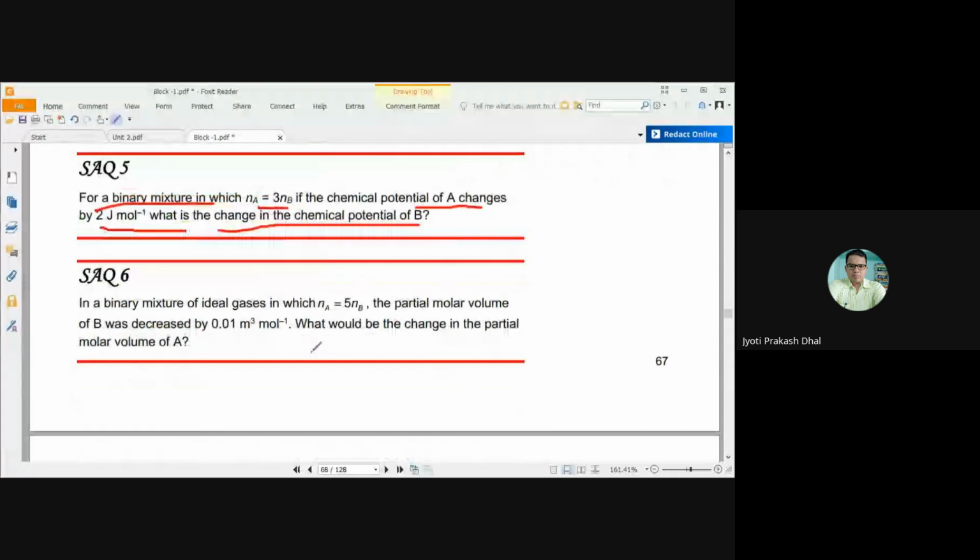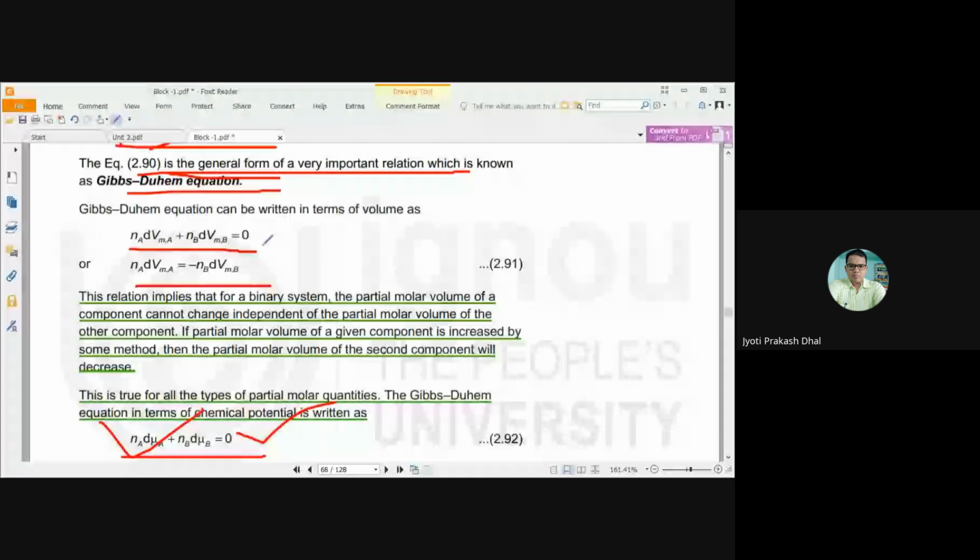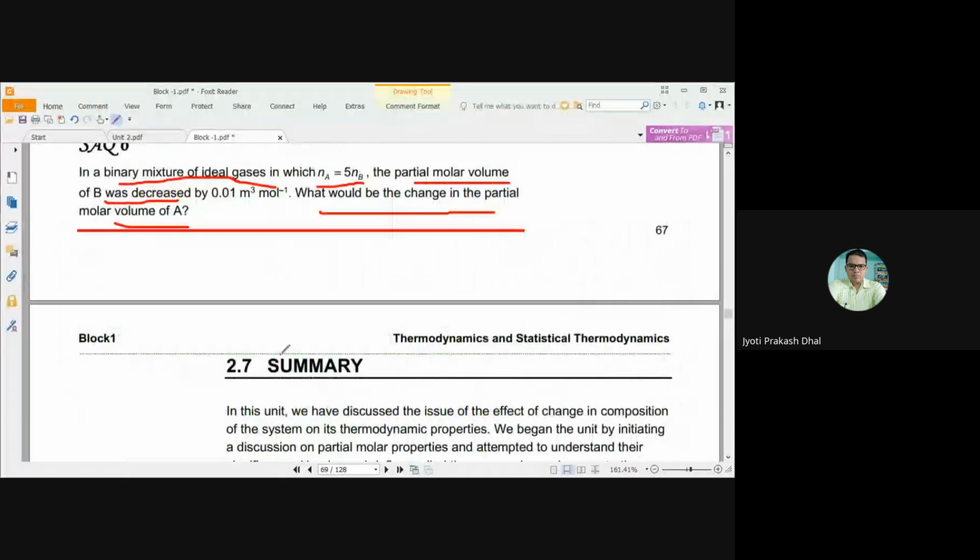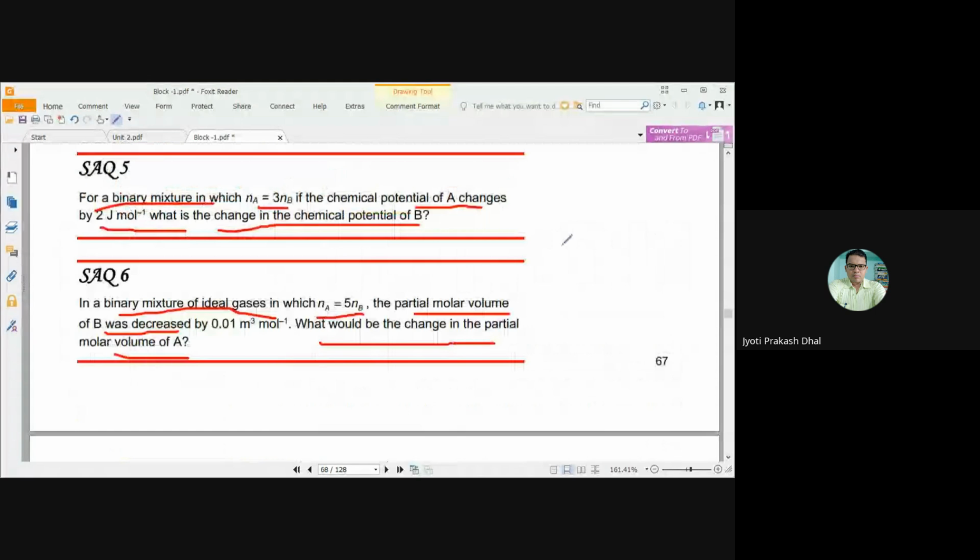In a binary solution of ideal gases in which nA equals 5 nB and the partial molar volume of B decreased by 0.01 meter cube per mole, what will be the change in partial molar volume of A? This can be solved using the above equation. Here the temperature and pressure are not mentioned, which means you have to take constant temperature and pressure.